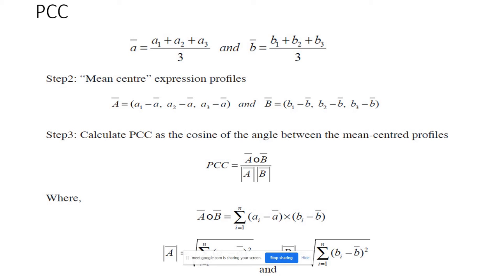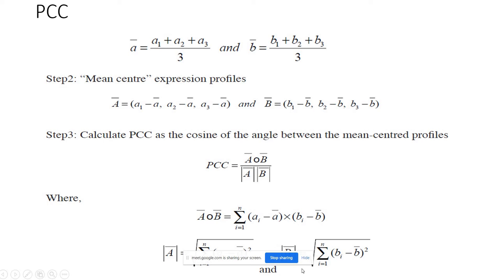Now we have to multiply these values to get the cosine of the angle between these mean centered profiles. So for this we are doing this step. This is the upper value we have obtained, using this formula.